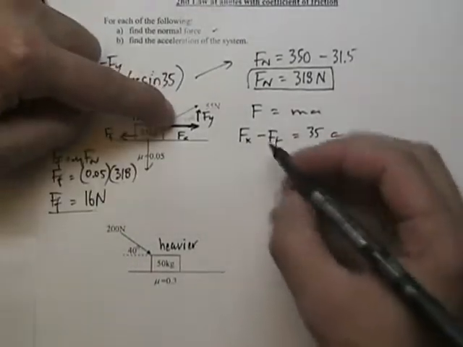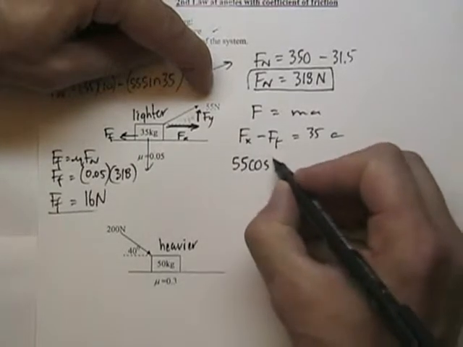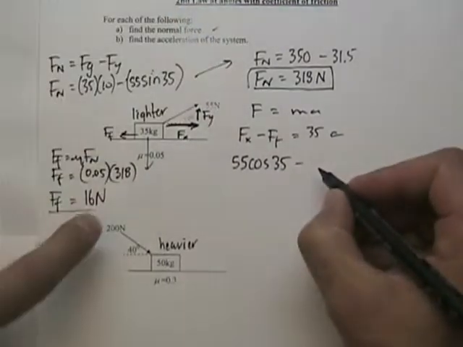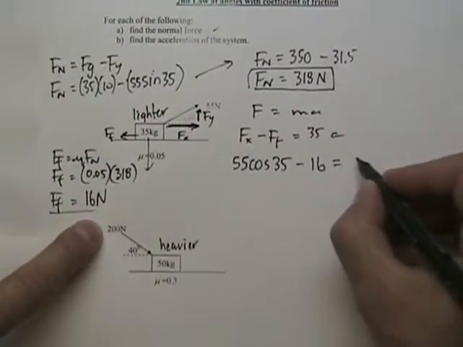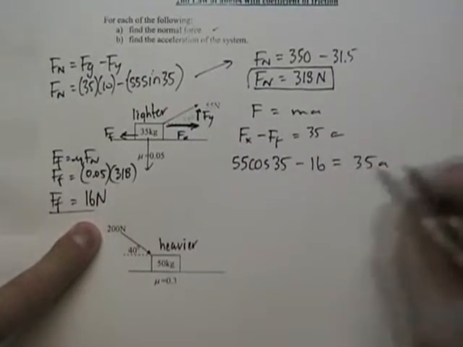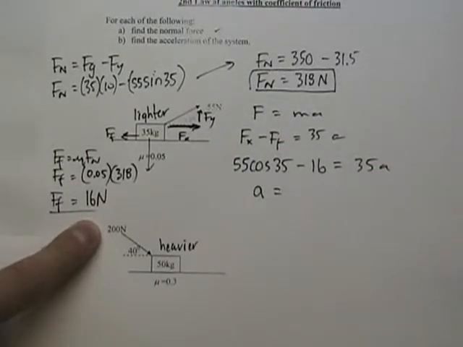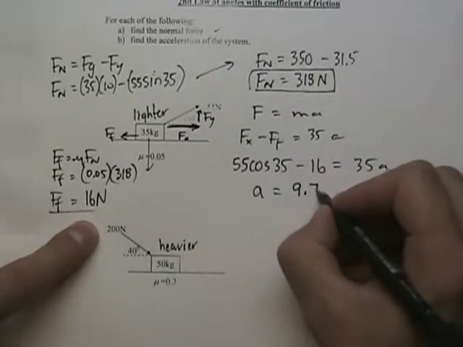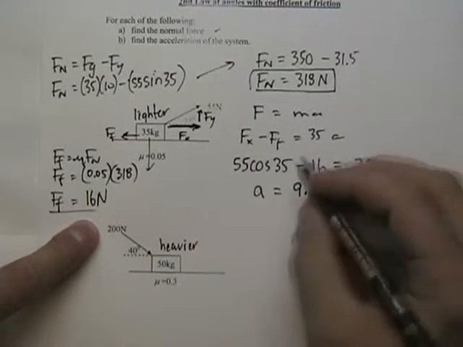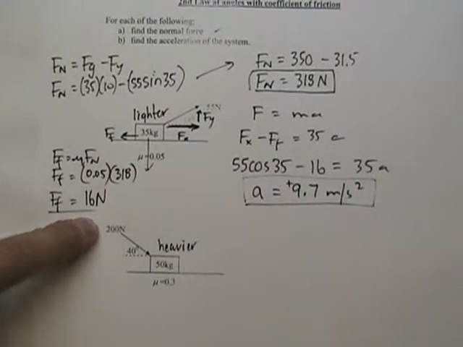My Fx is going to be 55 cosine 35, subtract the 16 that I found, equals 35a. Solve that for a. You should be able to do that by now. And you get 9.7 meters per second squared, positive, because it's going to the right.